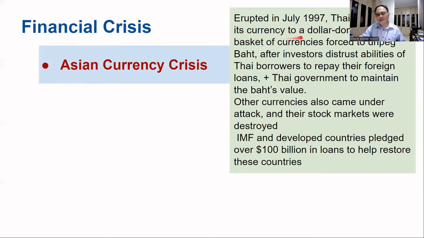So Thailand pegged its currency to a dollar-denominated basket of currency, was forced to unpeg, because investors did not trust the currency, and also they believed that the Thai borrowers would not be able to repay their foreign loans. So this resulted in the currency being devalued. The Thai government tried to maintain the baht value by buying back the baht, but you cannot support that. And it resulted in the stock markets crashing, all the Asian markets crashing.